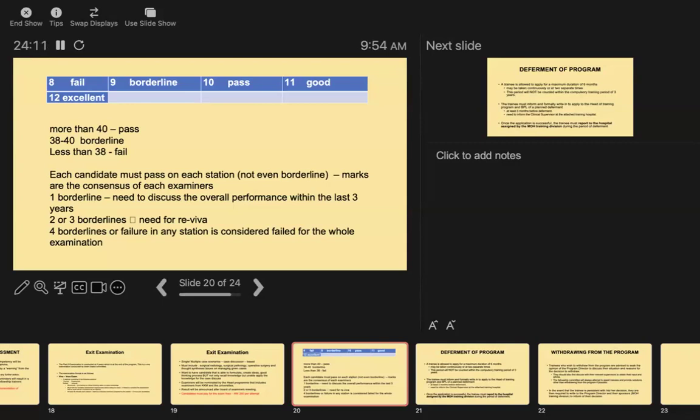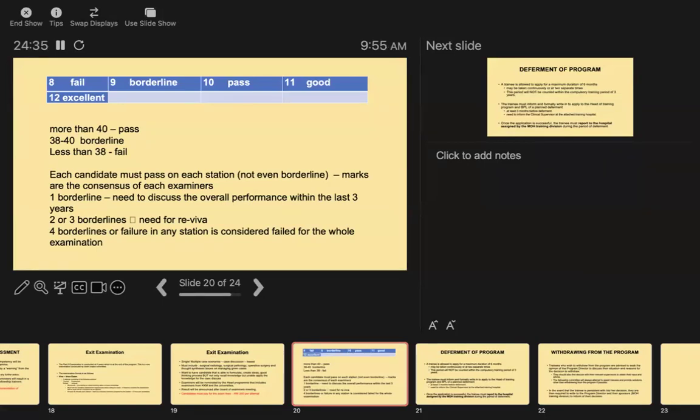Alright. So sekarang ni imagine ada 4 table kan. So each table kita kena tengok pula. Kalau you ada satu borderline, probably you need to discuss lah. Board of examiners akan discuss sama ada you ni kena bantu atau tak. Perlu ke tak? Then I think it's better to see all your record the last 3 years.